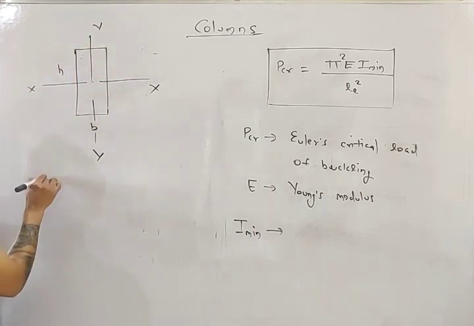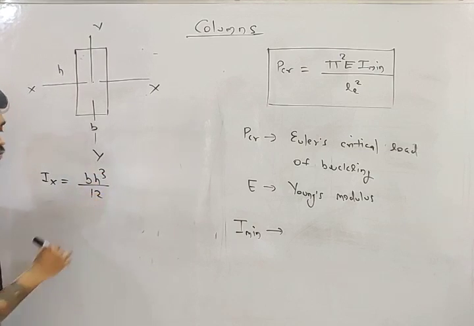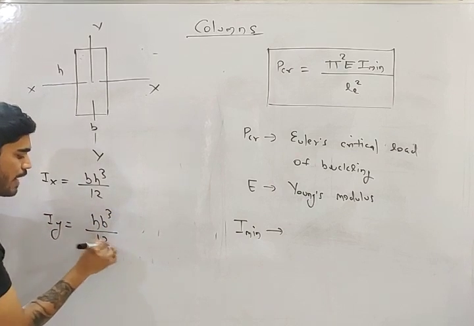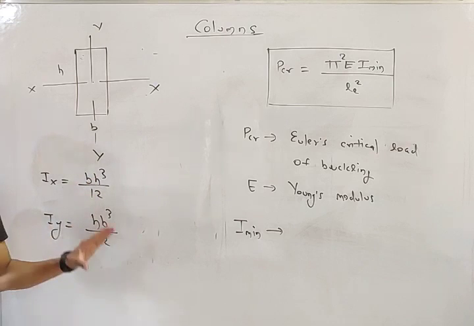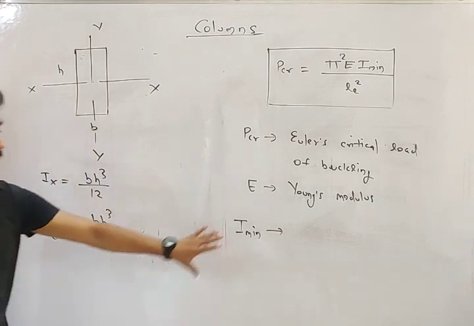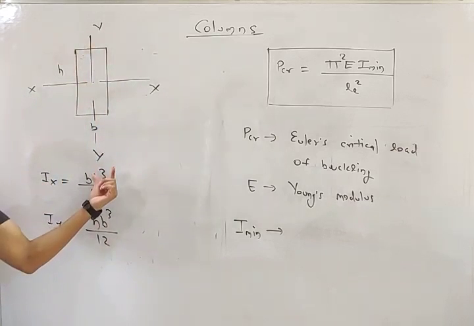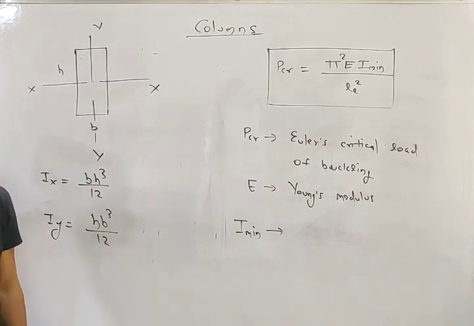We have two moments of inertia. Ix will be b h cubed by 12, and Iy will be h b cubed by 12. Out of these two, one will be the maximum and one will be the minimum moment of inertia.